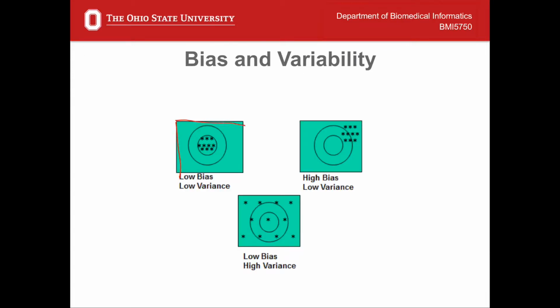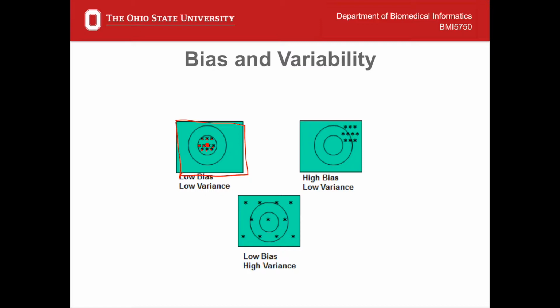Say this rectangle is the whole population, and we draw a sample from the population that contains 10 sample points. The first figure here shows low bias, low variance. Low bias means that the expected mean of these 10 sample points is still very close to the true mean of the population.